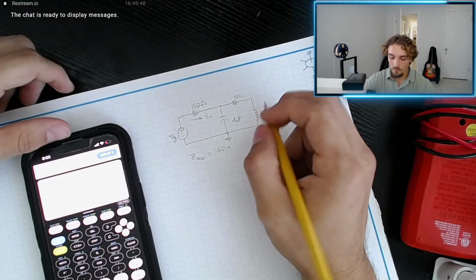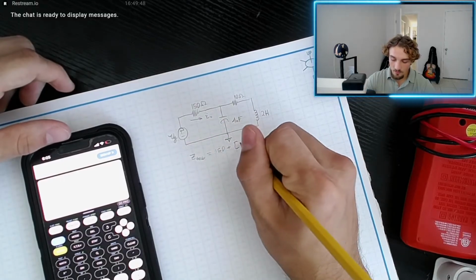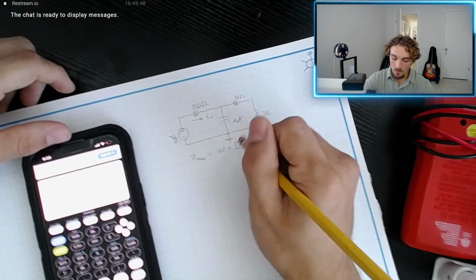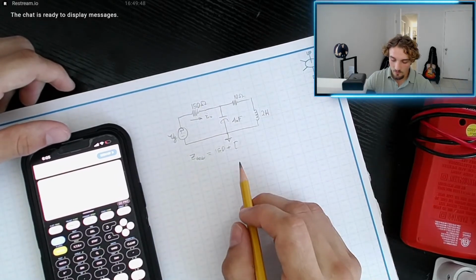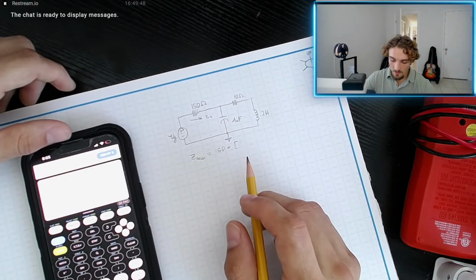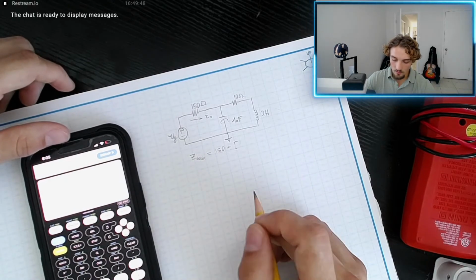Z total, 150 in series with what? Okay, that's right. So we'll put it in brackets. Negative J divided by 4 millifarad multiplied by omega.